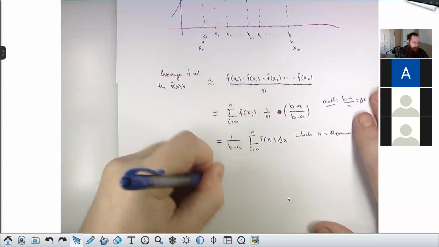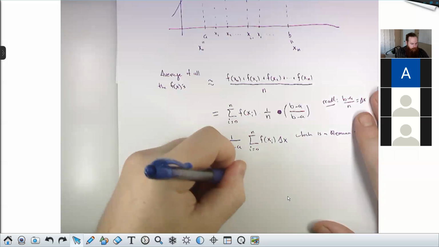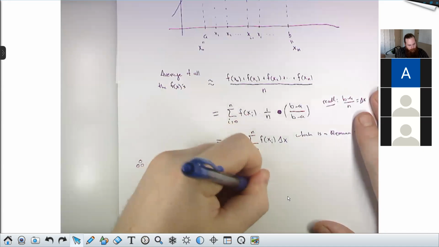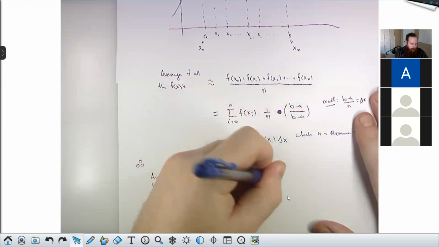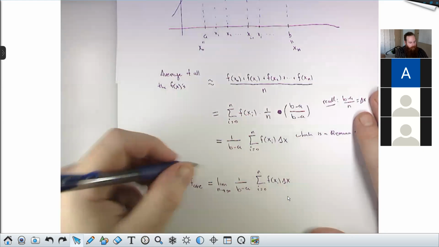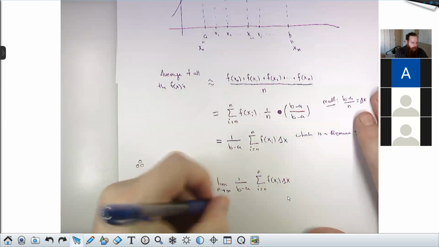is the limit as n goes to infinity of 1 over b minus a times the sum from 0 to n, f of xi times delta x. As n goes to infinity, that Riemann sum turns into an integral.